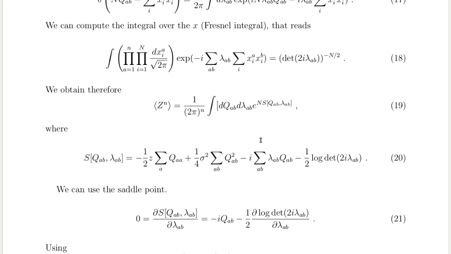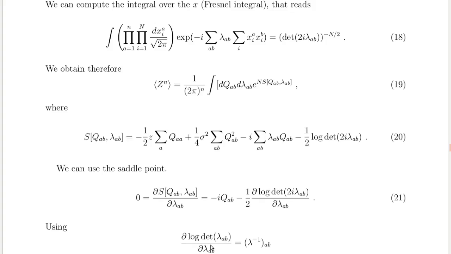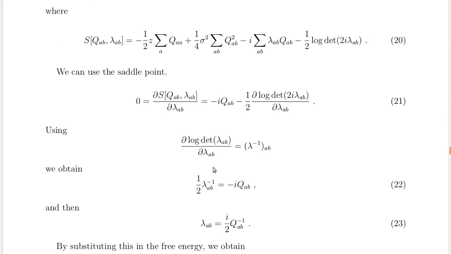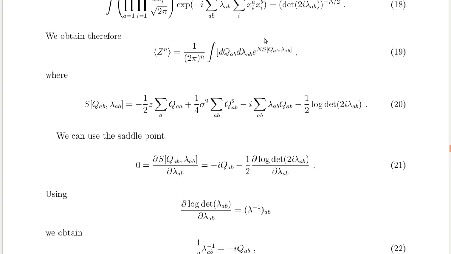The idea is that this integral will be dominated by the maxima of the quantity in the exponential when n goes to infinity. So what we have to compute are the maxima of this expression, and to compute the maxima, we have to take derivatives over the q and the lambdas.